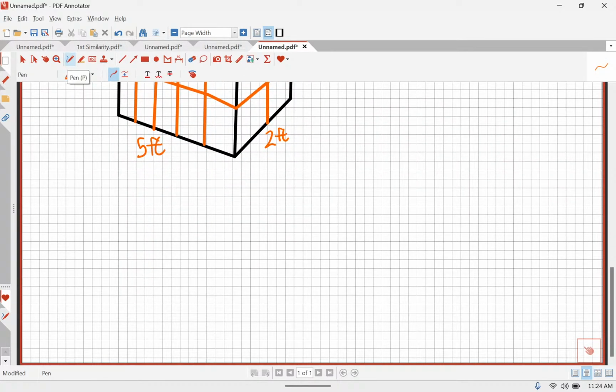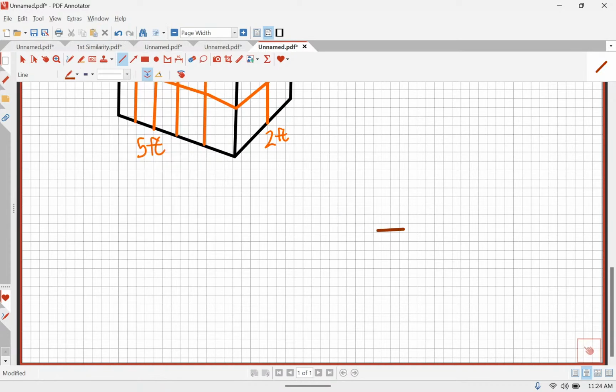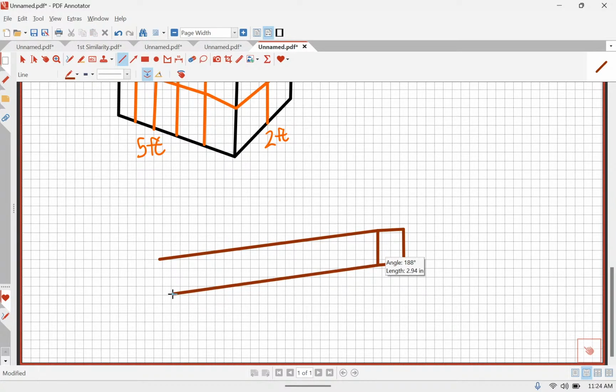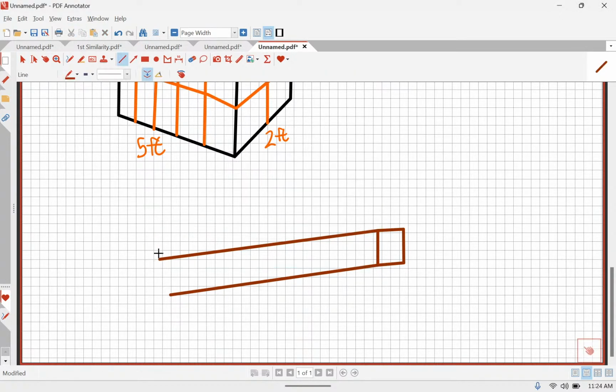Got a pencil? We're gonna draw, this is gonna be like a beef jerky stick. A beef jerky stick like this.